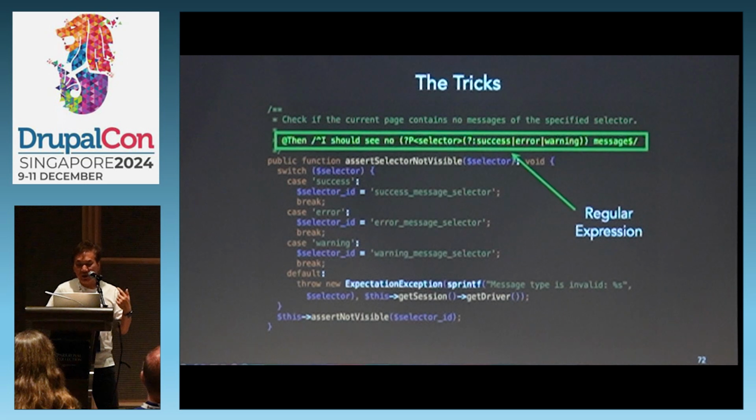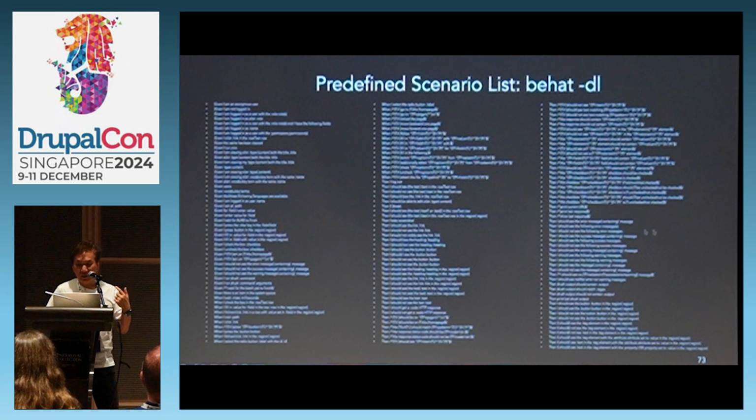So we can use Behat out of the box. Here is a list of the predefined scenario definitions. We already have 150 predefined definitions.